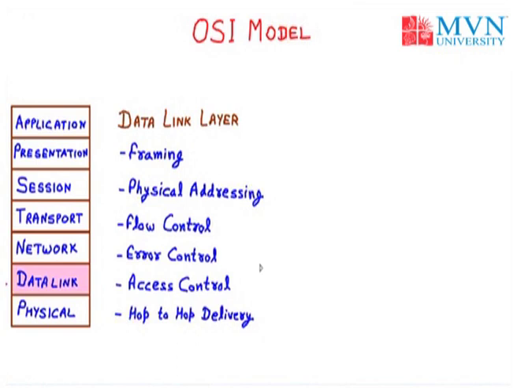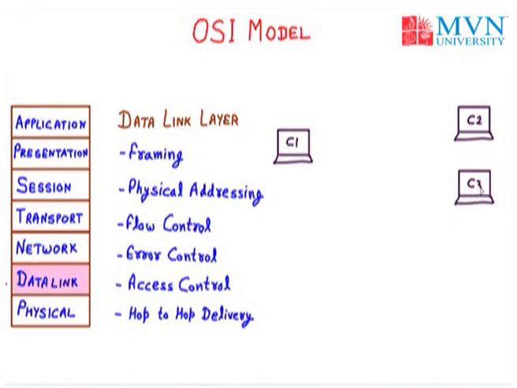So to understand hop-to-hop delivery, let us take the example of a diagram. For example, we have 3 computers. I am naming them C1, C2 and C3. Now we have a few routers which are going to connect with C1, C2 and C3. They have their specific names as R1, R2 and R3.